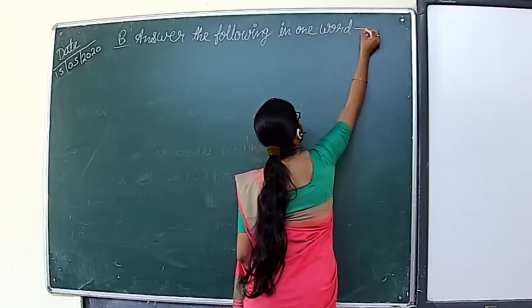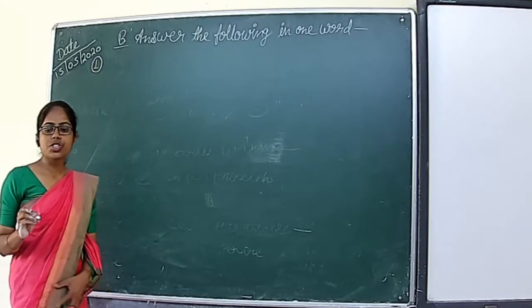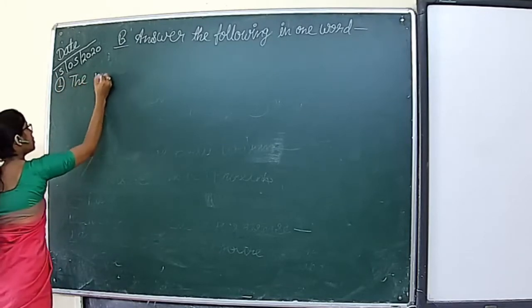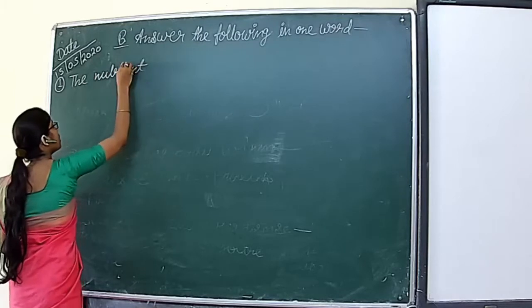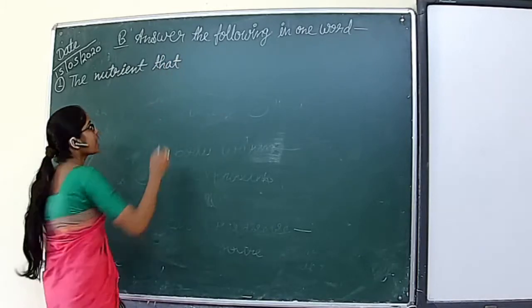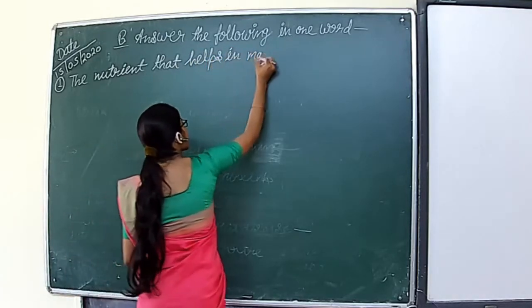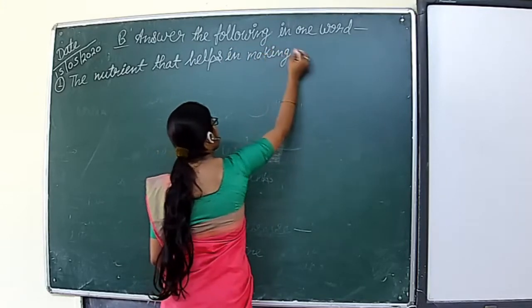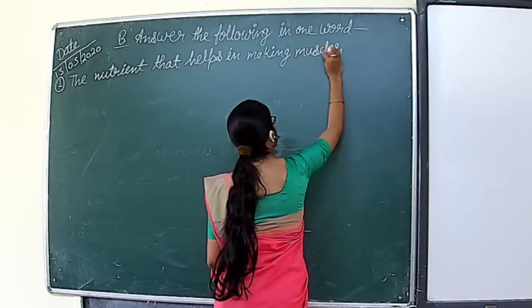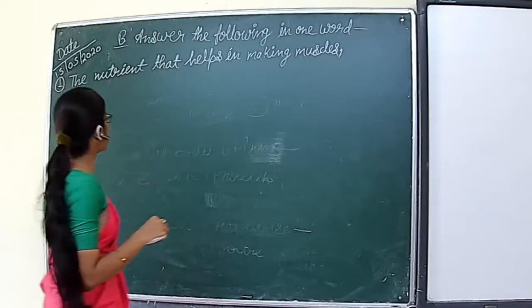Answer the following in one word. First question is the nutrient that helps in making muscles, blood and skin.